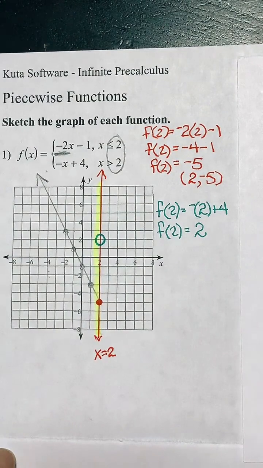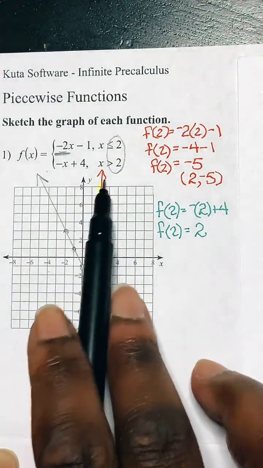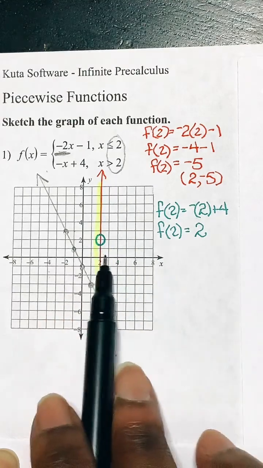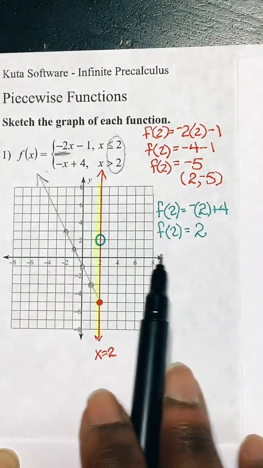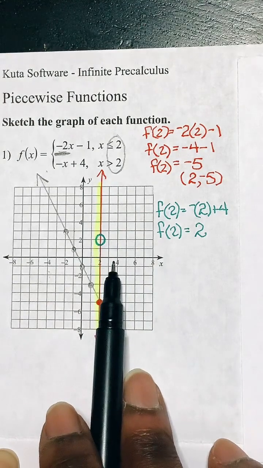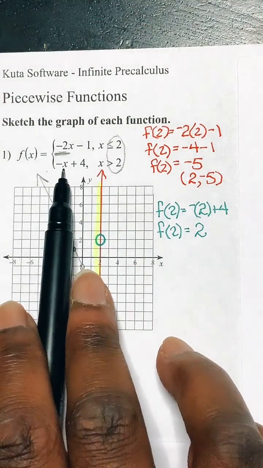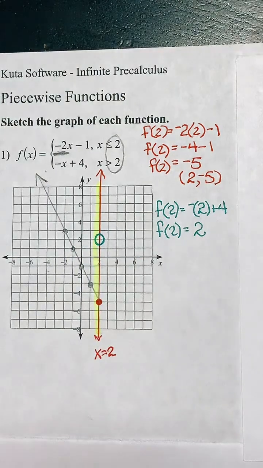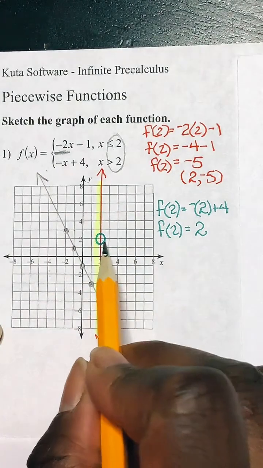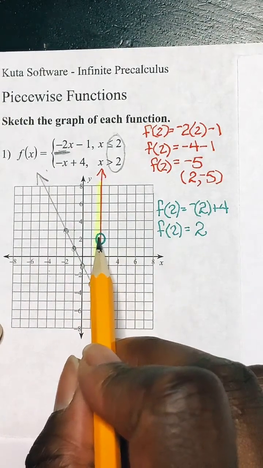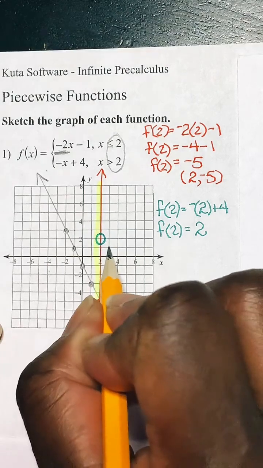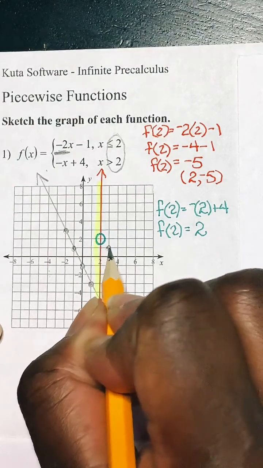So now we have to graph, and they want us to graph when x is greater than 2. So they want us to graph just to the right of this boundary line. My slope is -1, so I don't have to change things around for this one. All I have to do is start at my open circle and go down 1, to the right 1, and plot a point.